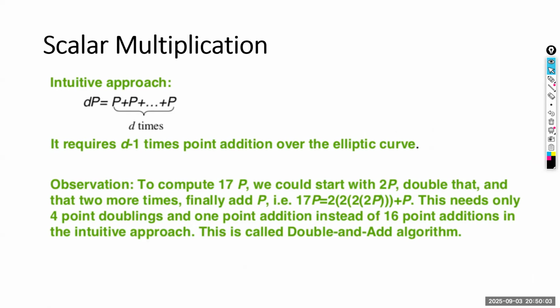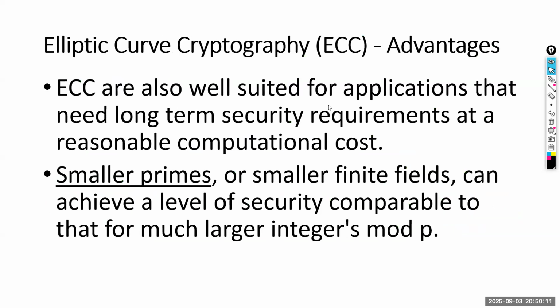Right? Scalar multiplication, point addition, point multiplication, those are related to the real elliptic curve algorithm. Okay. Right. So we are not going to look at the real algorithm. As I told you, we just mention some concepts related to elliptic curve cryptographic algorithm or ECC.